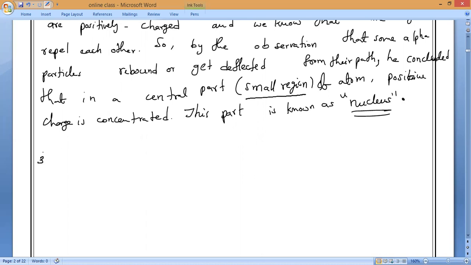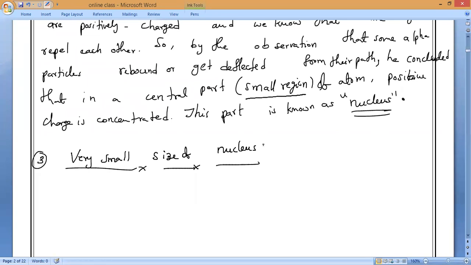Third conclusion. This is also based upon the second observation only. Clear, everybody? Yes, sir. The size of a nucleus is very small.